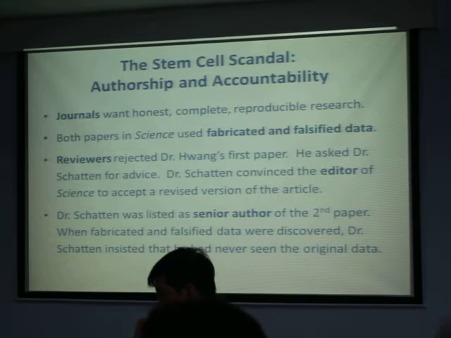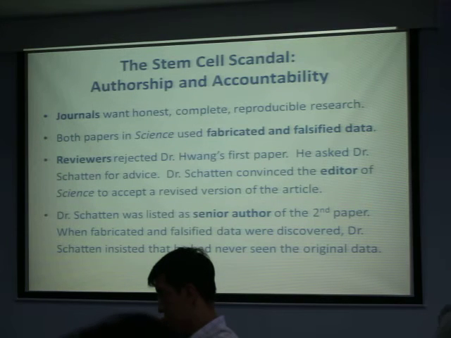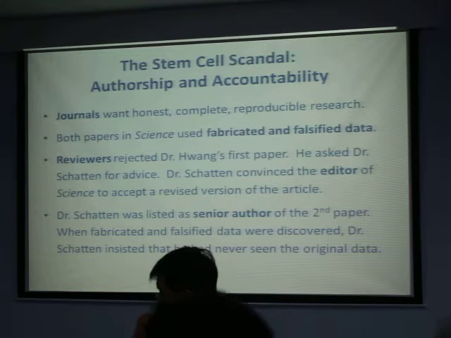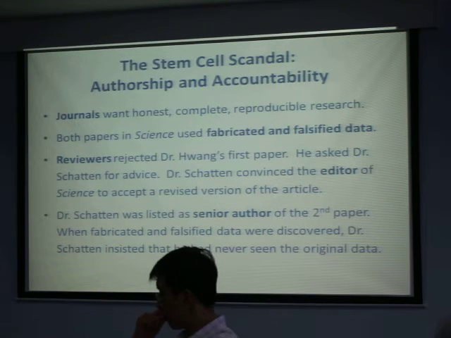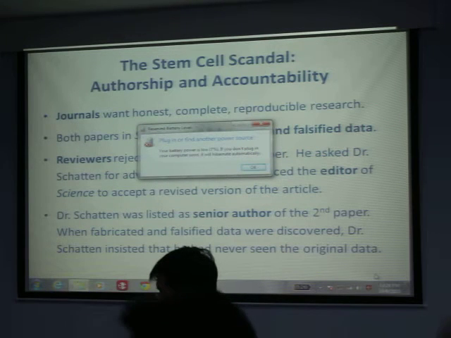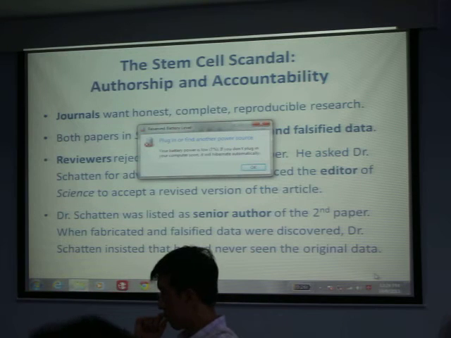What's interesting about Science and Nature is that they took papers from Huang. The Nature paper didn't appear to be fabricated, but both Science papers had data that was fabricated and falsified, and photoshopped images that were fundamentally untrue.